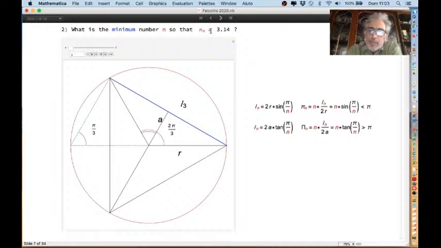Then we will relate these results also to the first question on visualization. So let me give now a proof of the sequence that I wrote for the approximation of pi.